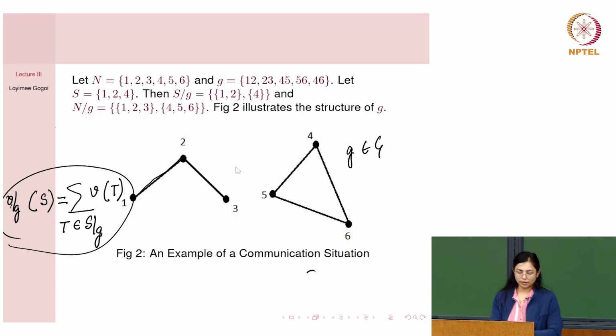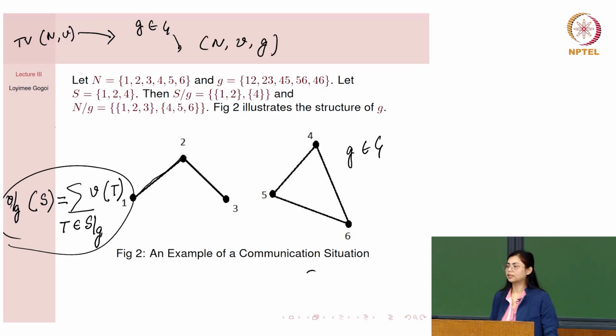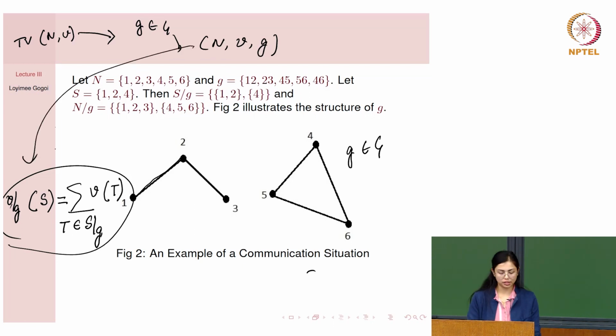Okay, from the TU game, for each graph Z, I have a communication situation, right? For each communication situation, I can have one associated cooperative game.